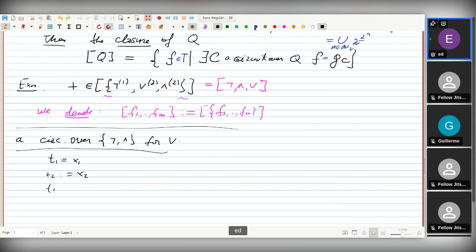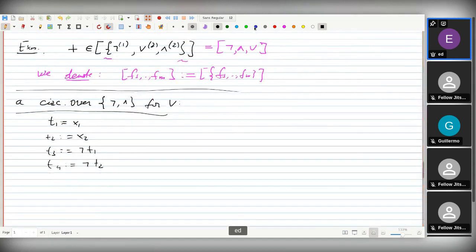What's next? T3 is not T1, T4 is not T2, yeah? Yes. T5, we have conjunction, T3 and T4. And T6, not T5. So effectively we have computed not (not x1 and not x2). But this is exactly x1 or x2. Do you agree?